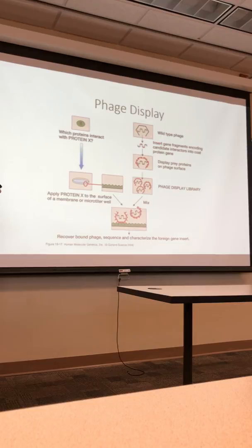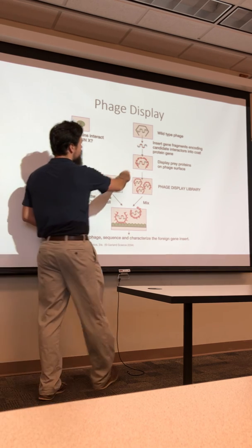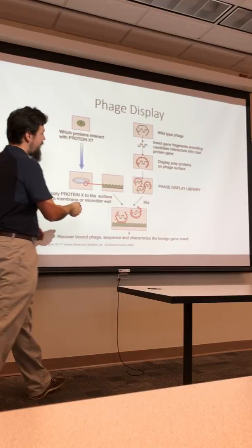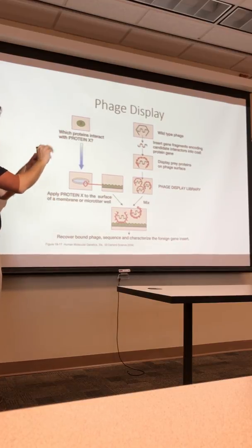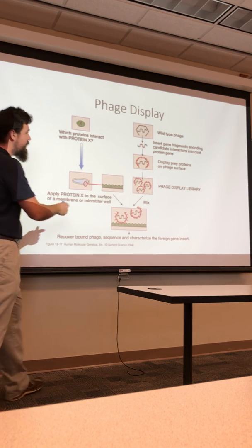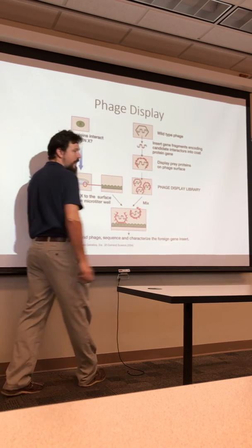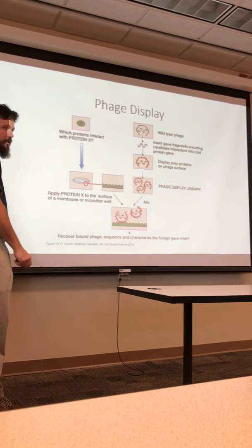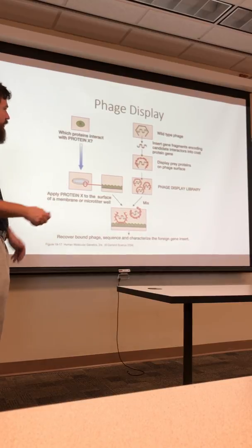Well, you can take phage, and you can modify their genome. You can insert genes into their genome, and this will display the protein or peptide that you put into their genome on the outside of the phage. So you can think about putting proteins on the outside of the phage.